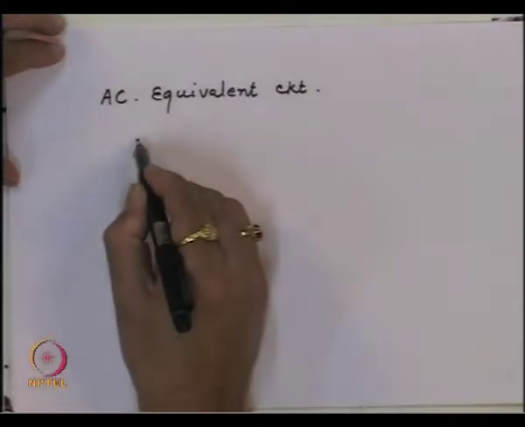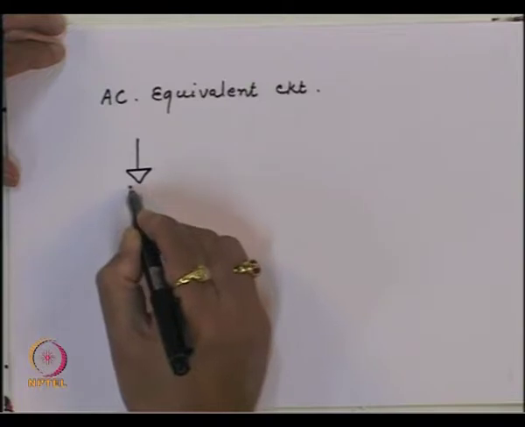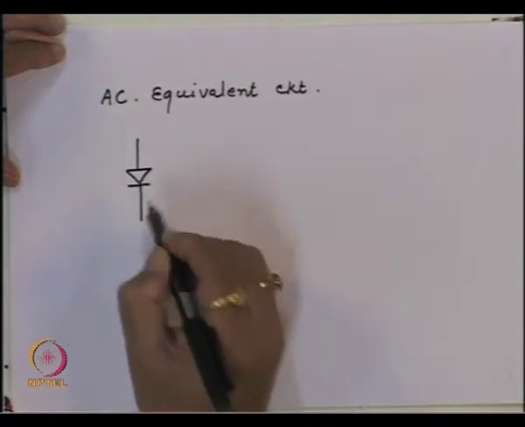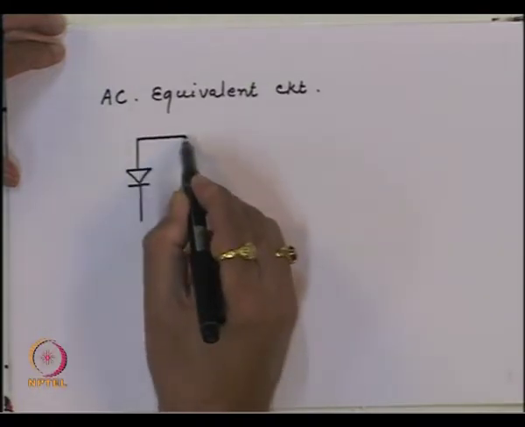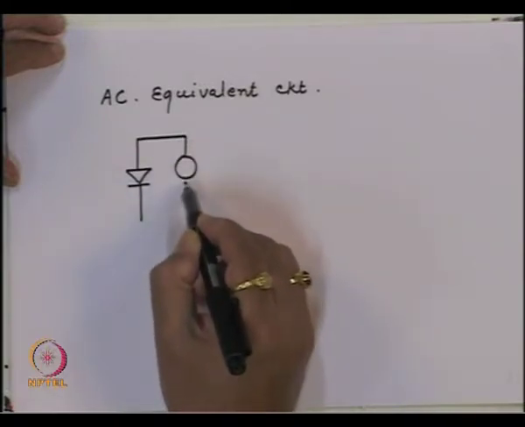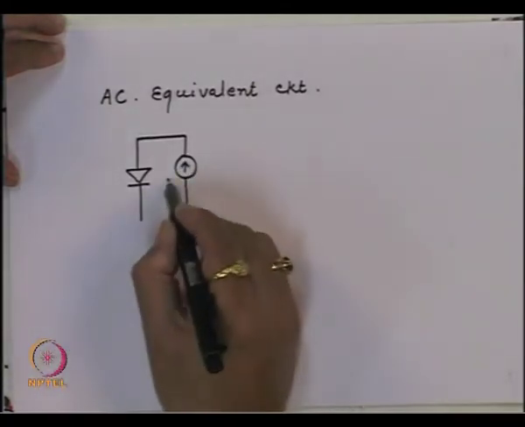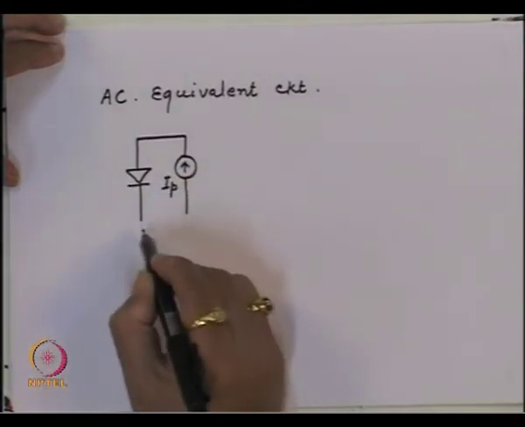I have an ideal diode, which is equivalent to a current source with the photocurrent, so this gives me IP.